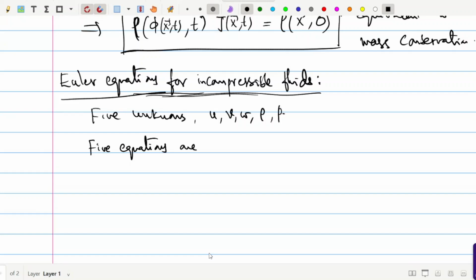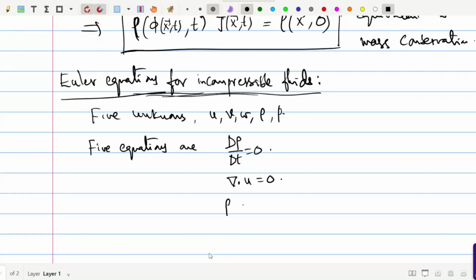One is, from your mass equation, d rho by dt equal to 0. The mass equation itself you are splitting into 2 equations. That is the idea. This is one equation, and the other equation is del dot u equal to 0. So 2 equations already here.